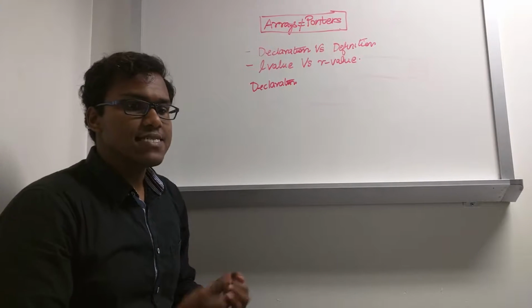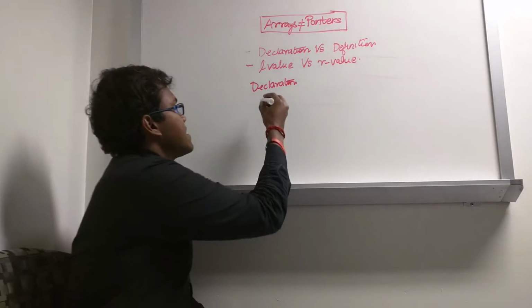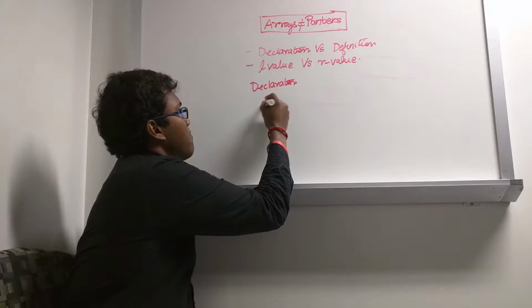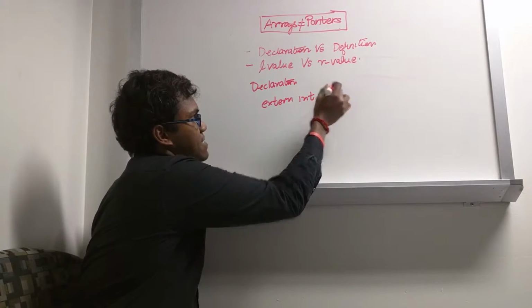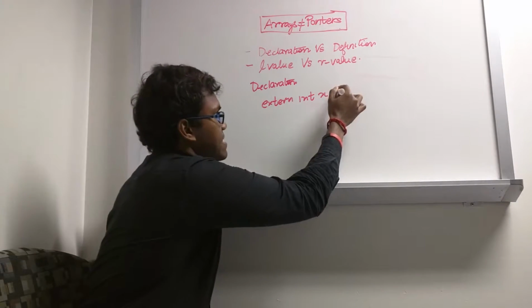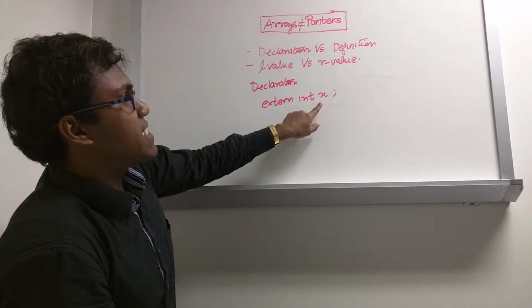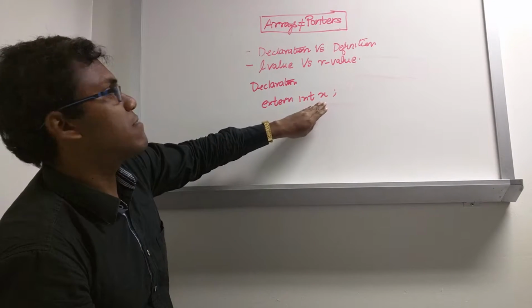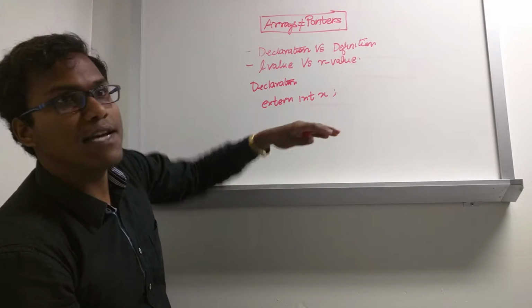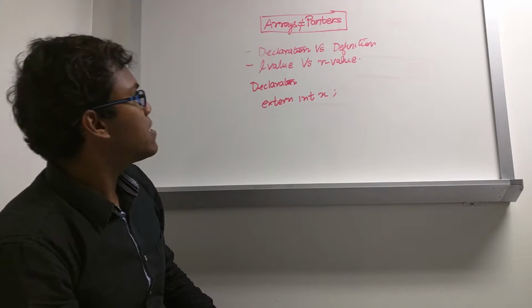A declaration is something like, let's say, extern int x. What this says is that I have an object x. By an object I mean just a C thing. It's not an object in the conventional C++ world.